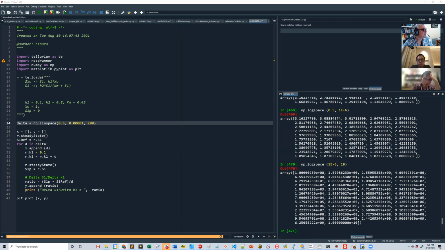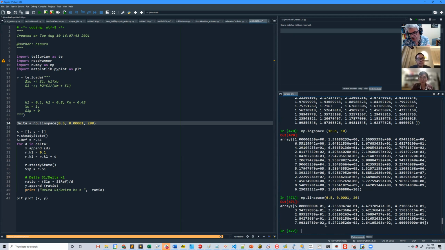Produce evenly spaced values on a logarithmic scale, Stack Overflow. I think you can do maybe like get the linspace and then log the whole array. Like np.log and put the linspace inside that. So you take that array and log it.